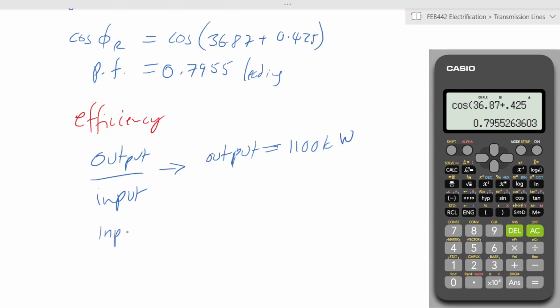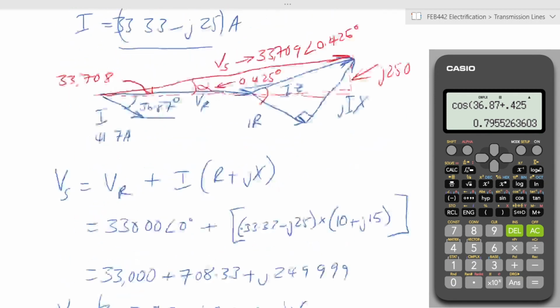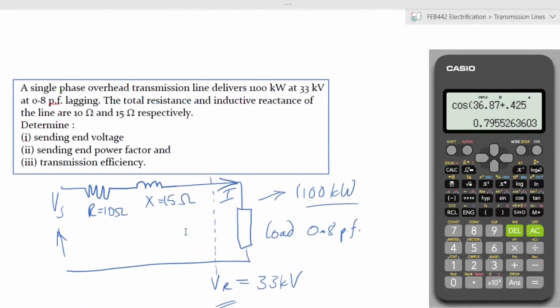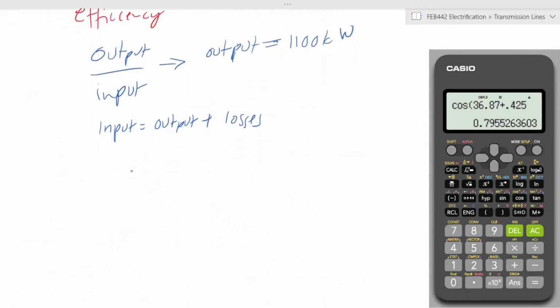The input is equal to output plus whatever losses we encountered in our transmission line. Okay. Remember, we are talking in terms of real power, right? Actual losses. Efficiency is about work, the amount of work that is done. And last time we said that the amount of work that is done is a factor of power.